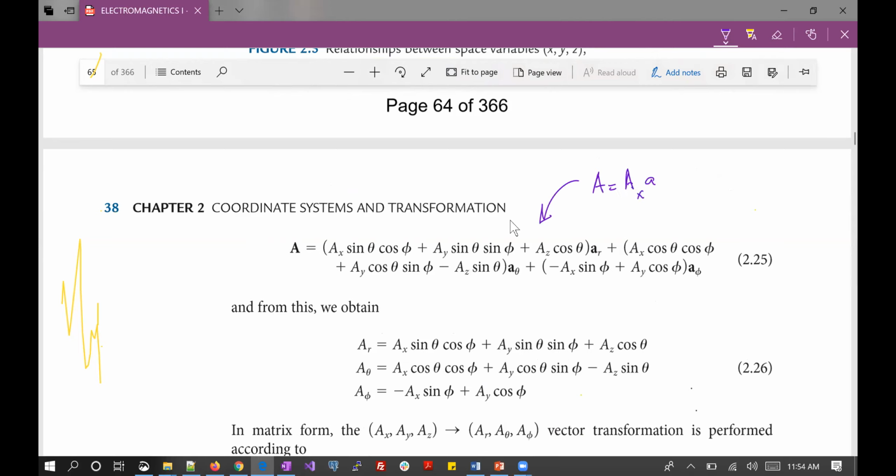AX plus AY, always put the cap and the direction, plus AZ.